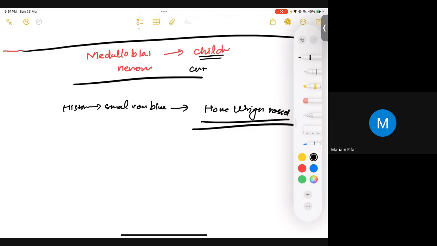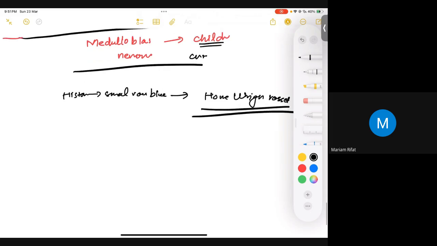Is it necrotic, or do we have neuropil in the center, since it is neuroblast in origin, surrounded by the small blue cells?